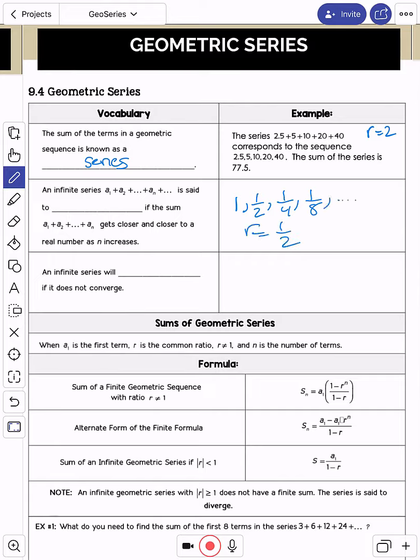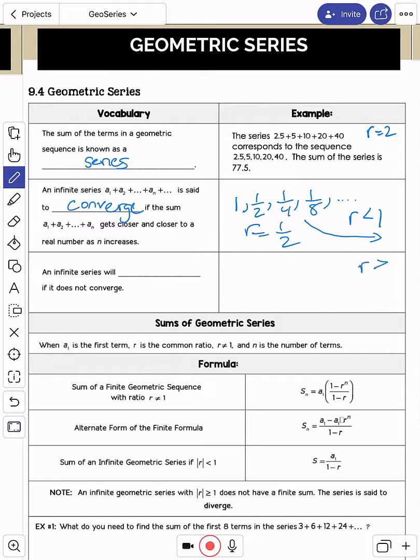R equals a half. That actually goes down to a number, and so we say that it converges. And if R is less than 1, we say it converges.